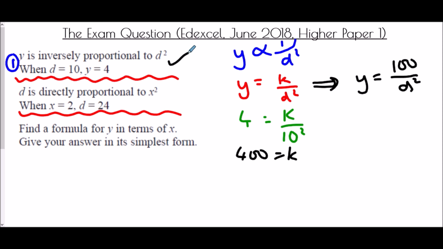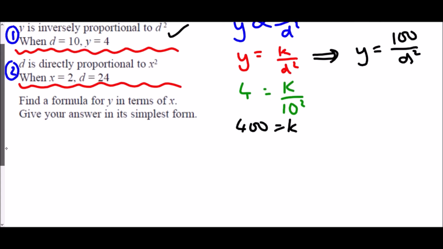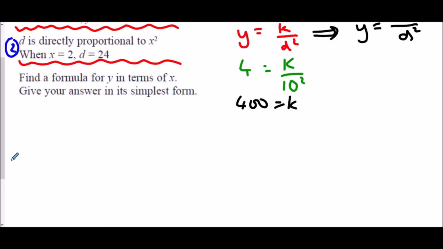Part 2, d is directly proportional to x squared when x equals 2, d equals 24. So for this part, I'm going to have to set up another formula. So d is directly proportional to x squared. And so that means that d equals k x squared.